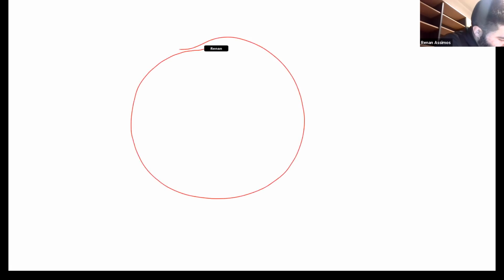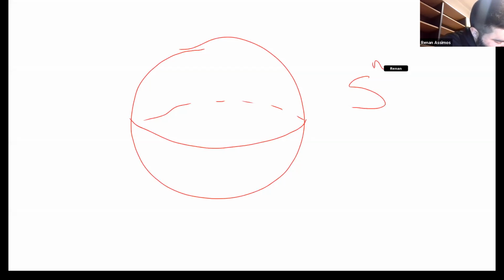Okay. So this set that I'm talking about, I would draw it, of course, only in dimension 2, but the idea is the following. Imagine I have a sphere, so this is S2, or we can say Sn.